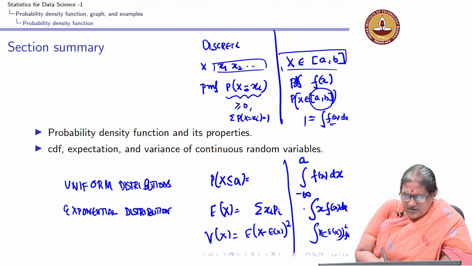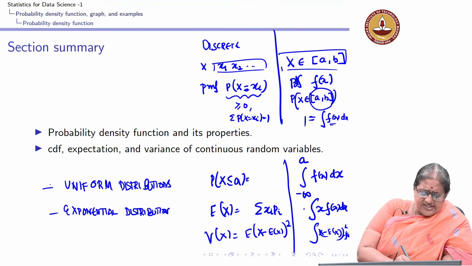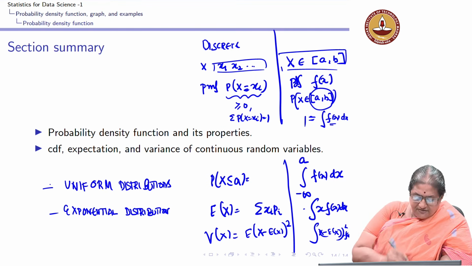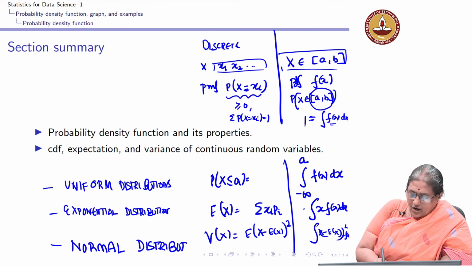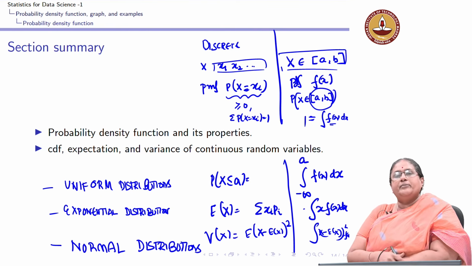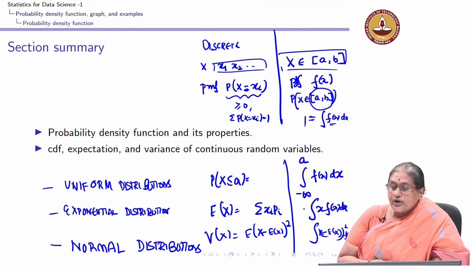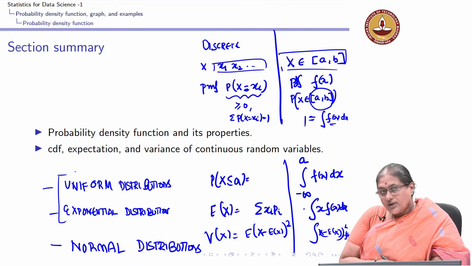The exponential distribution is very important when you are trying to model service times or inter-arrival times. So, these are the two key continuous distributions we are going to discuss, and finally, we are going to spend time in understanding what is the normal distribution. A lot of conditions can be modeled using a normal distribution. So, that is something which we are going to look at. But first we will look at uniform and exponential distribution.